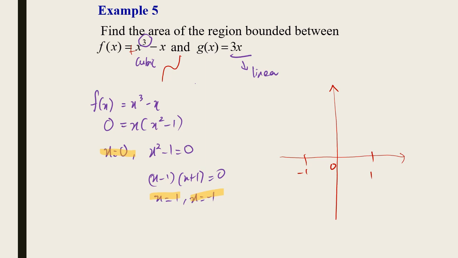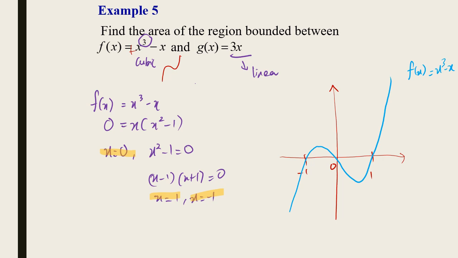So we can sketch our graph, and it should pass through all these points. So this is our graph. This is the function f(x) equal to x cubed minus x. It's going up because it's a positive x cubed.